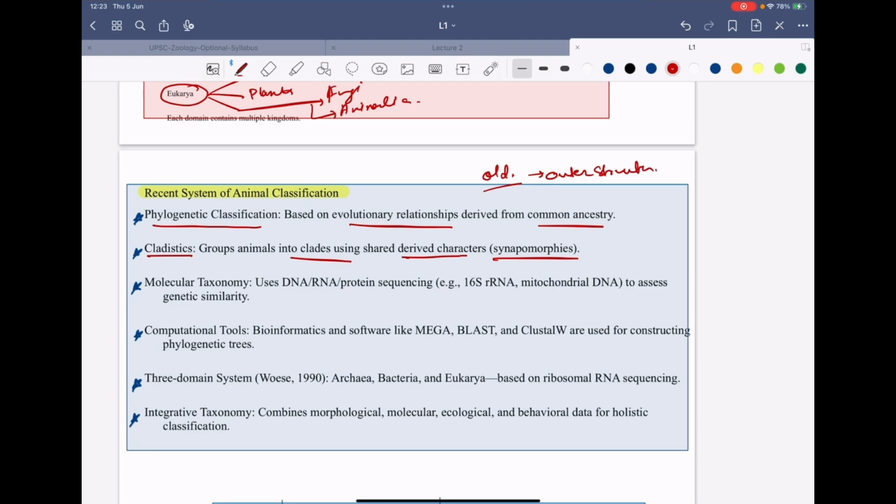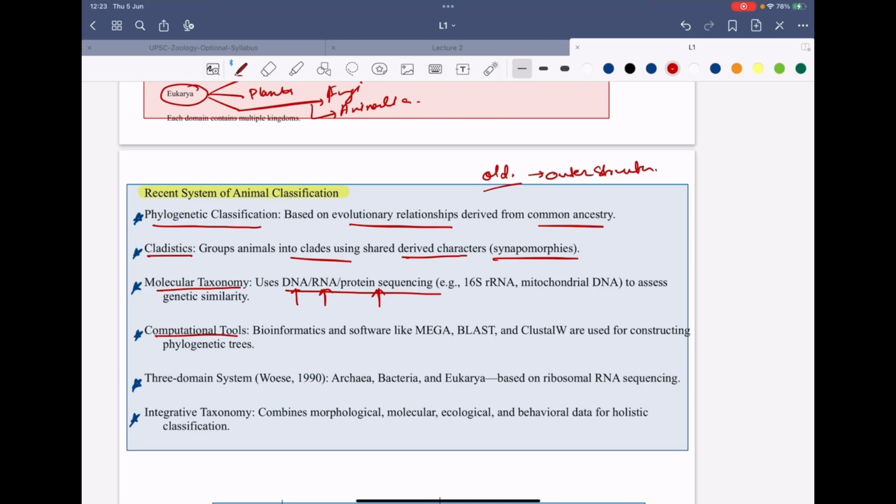Again, the recent system of classification has molecular taxonomy. Molecular taxonomy means it looks at the molecular level. Molecular level includes DNA, RNA, protein synthesis, sequencing, and on the basis of these molecular structures, they are kept in one group.